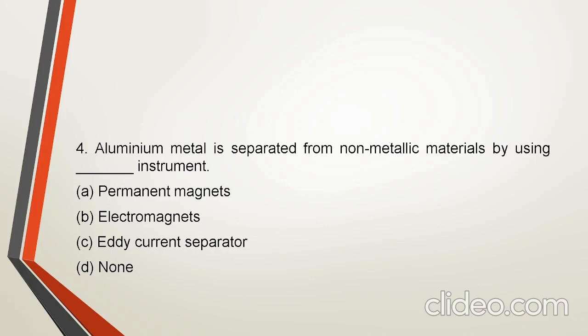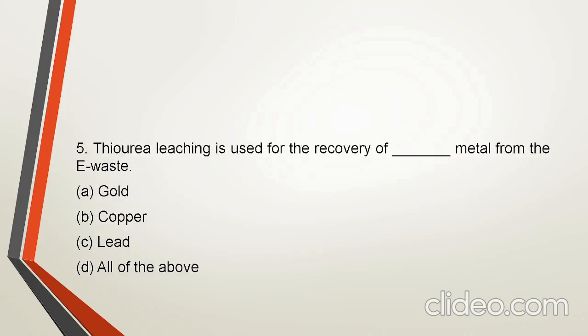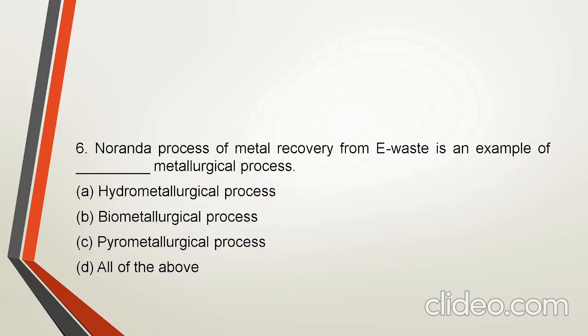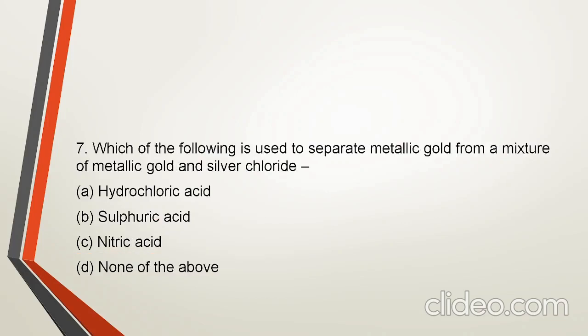Yes. Thiourea leaching is used for the recovery of which metal? Gold, ma'am. Yeah. So the Noranda process of metal recovery from e-waste is an example of what metallurgical process? Pyrometallurgical process. Yes. So we have Noranda and Ronnskar smelter under pyrometallurgical process.